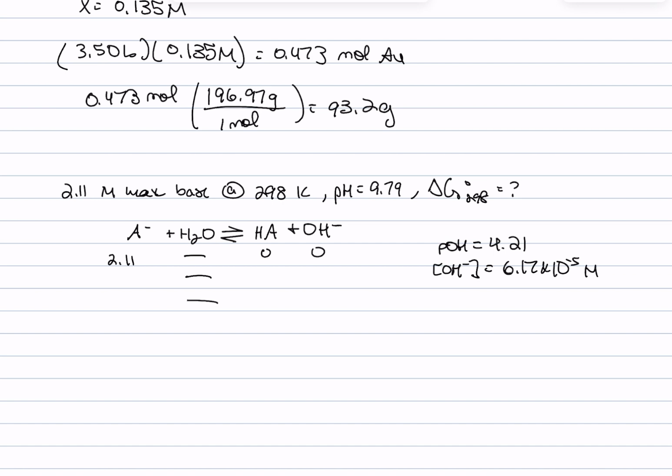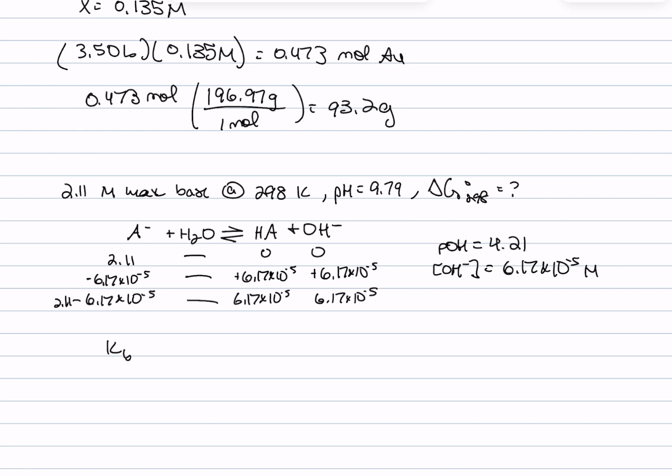And so we end up with 6.17 times 10 to the negative 5. And so we can add that to the product side, subtract that from the reactant side. And so we have 2.11 minus 6.17 times 10 to the negative 5th, and 6.17 times 10 to the negative 5th for each product.